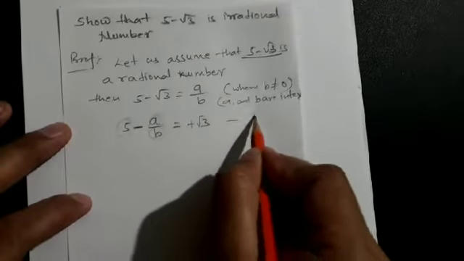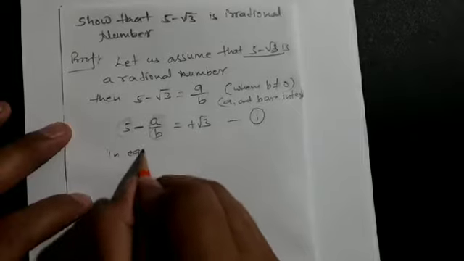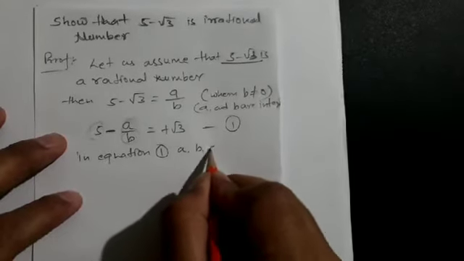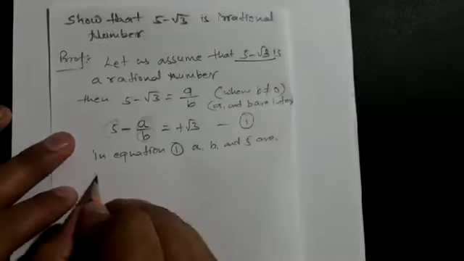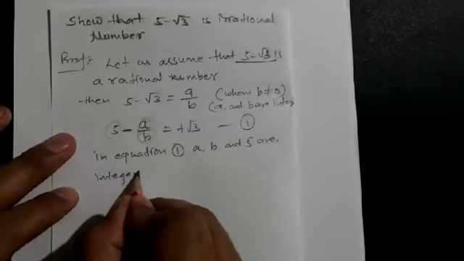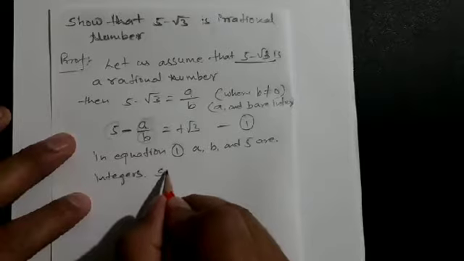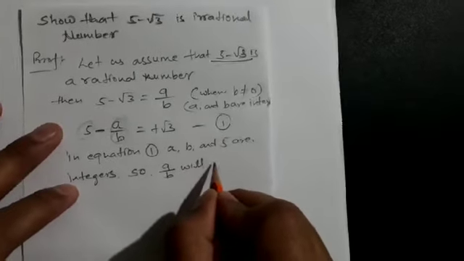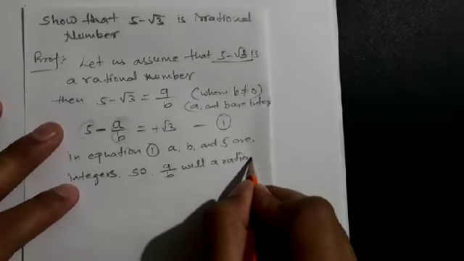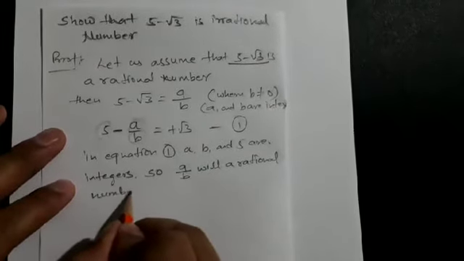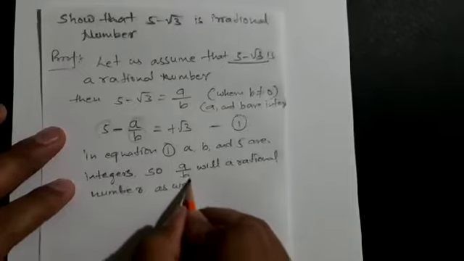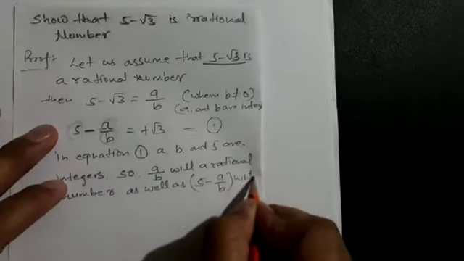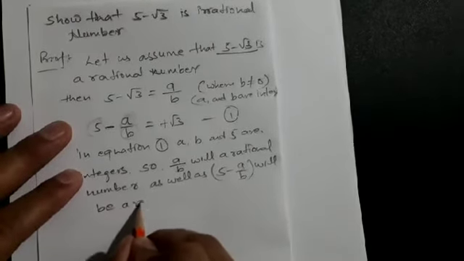This will be our equation 1. In equation 1, a, b and 5 are integers, so a upon b will be a rational number, as well as 5 minus a upon b will be a rational number.